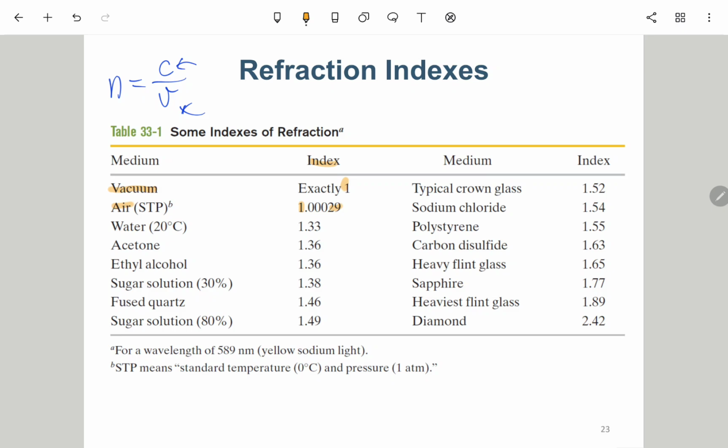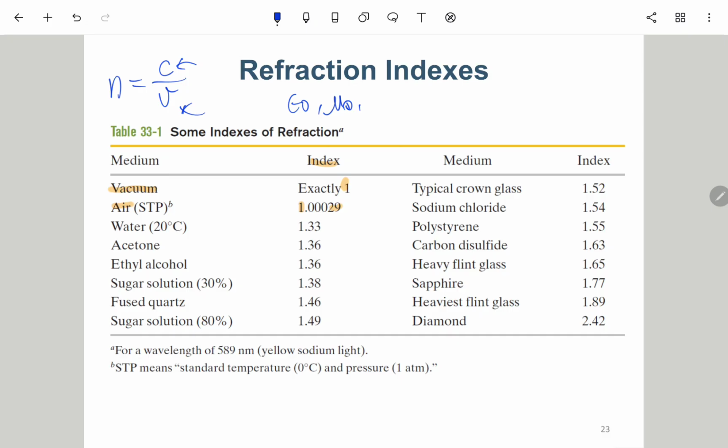Because we have mu naught and epsilon naught, and other materials have different epsilon and mu. For air, these two constants are really close to epsilon naught and mu naught.